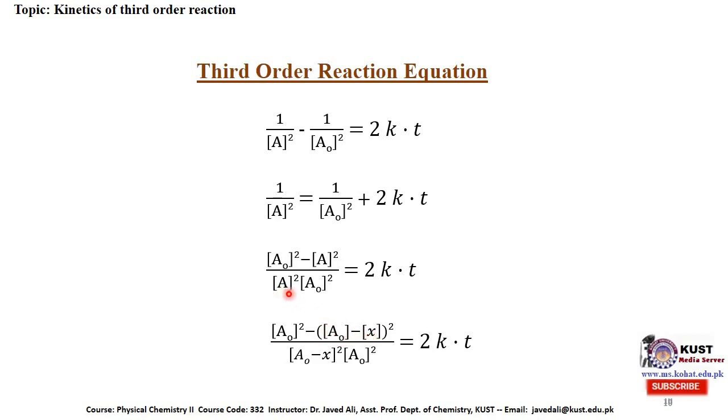Now, another form of third order reaction, by putting A equal to A naught minus x, we get the final equation: A naught square minus (A naught minus x) whole square divided by (A naught minus x) square and A naught square is equal to 2kt. We can also plot this term versus t, and we will get a straight line with slope 2k and 0 intercept.